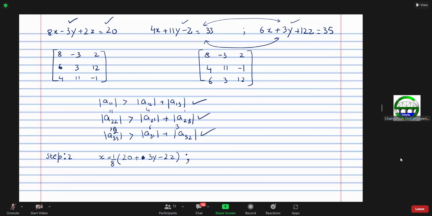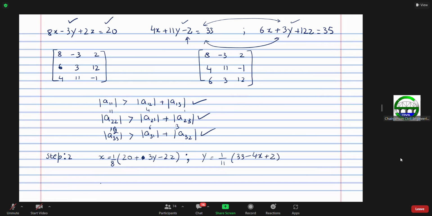Similarly, the value of y coming from here will be equal to 1 by 11 into 33 minus 4x plus z.